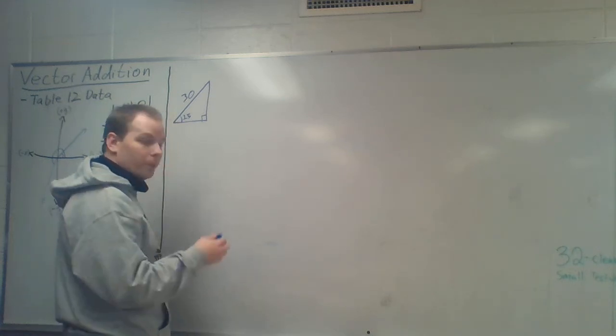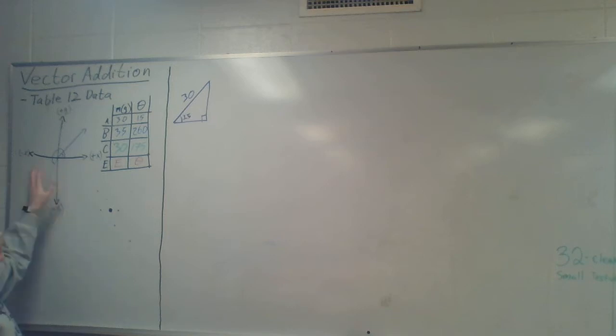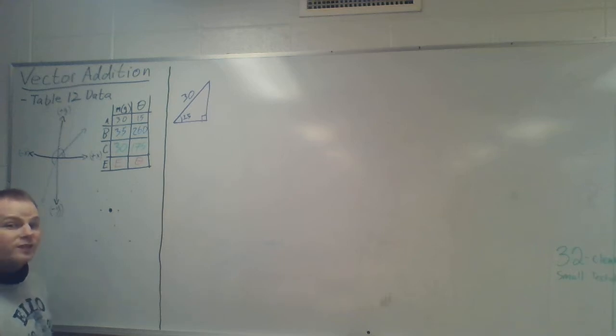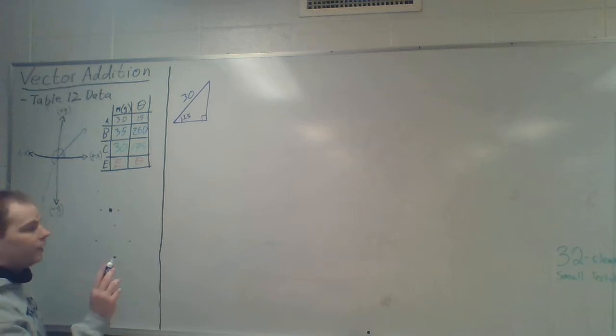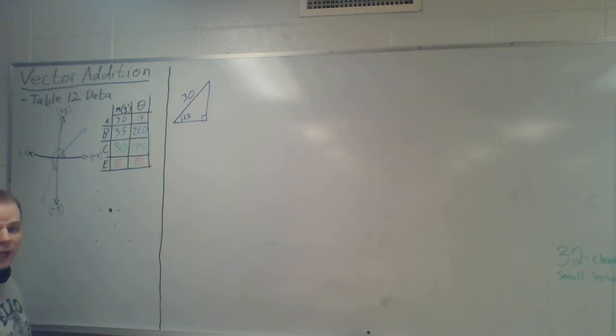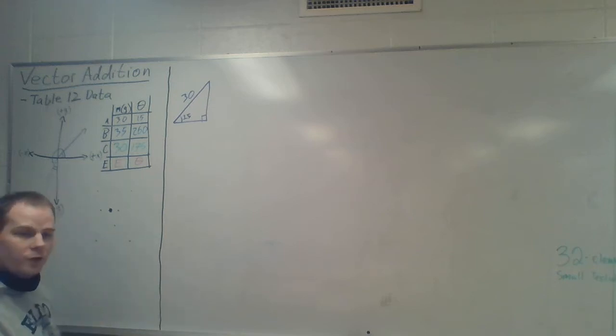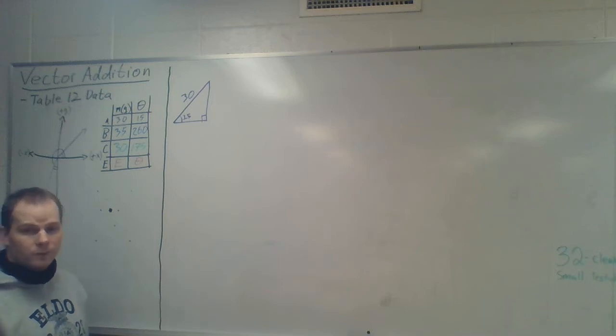Then we have vector B, which is right here. Now, vector B, the known angle, is the angle from the vector all the way around to the positive x-axis. That is not going to work for a triangle. So instead, I'm going to use this angle as our known angle, because from the positive x-axis all the way around to this vertical negative y-axis is 270 degrees.